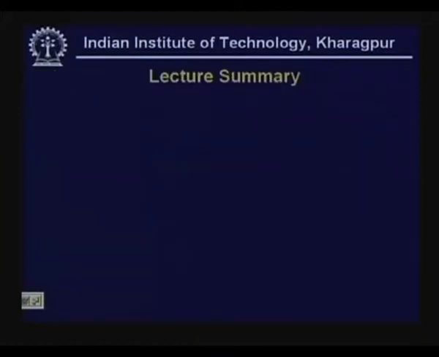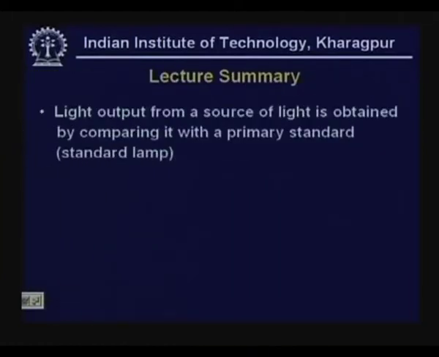So the lecture summary therefore could be: light output from a source of light is obtained by comparing with a primary standard or a standard lamp. Now how do we do that? I said it is done by comparing with a laboratory standard on a photometric bench, where a photo head is used.